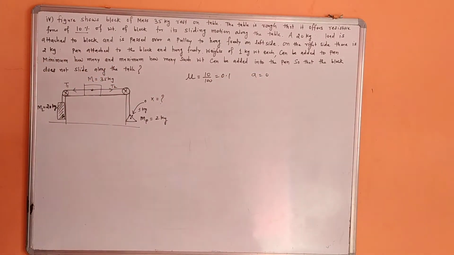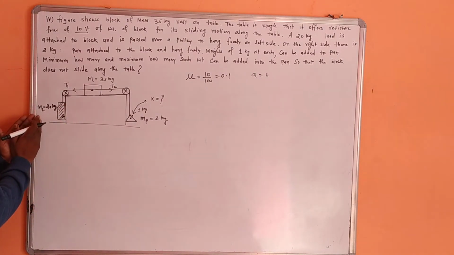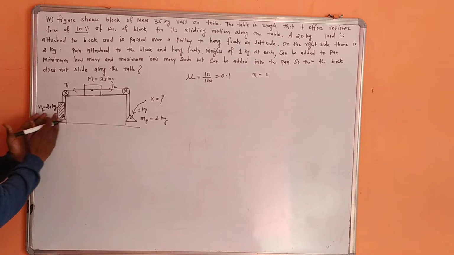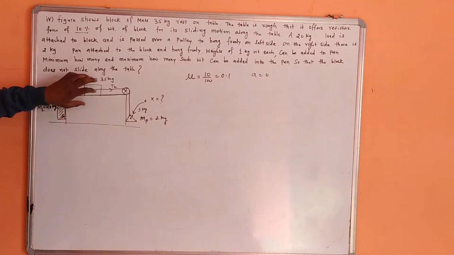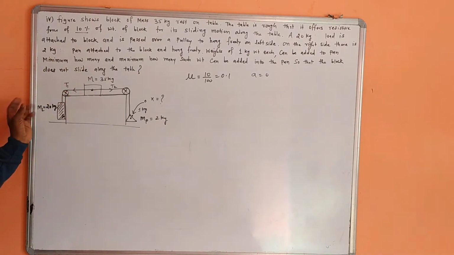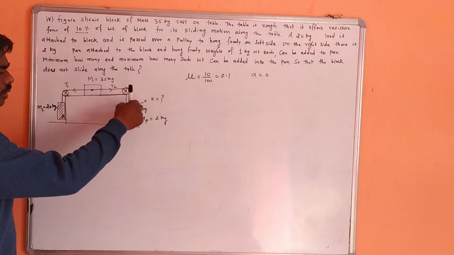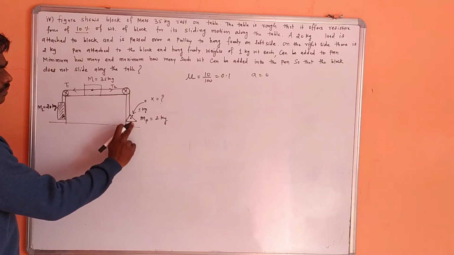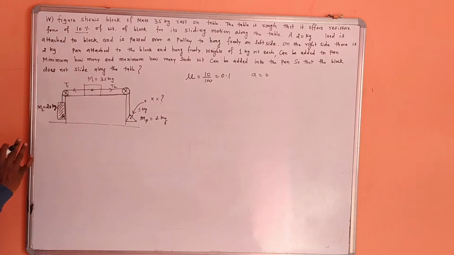By seeing this diagram, what we can conclude: towards this side there is the 20 kg weight and towards this side there is 2 kg. So naturally the tendency of the body is to move in this direction. T1 should be greater than T2. So, minimum how many weights we have to add in this pan, we can find out by considering T1 greater than T2.